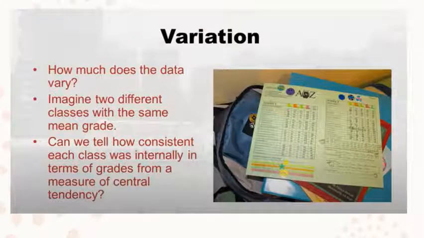Okay, let's keep going. In this lesson for this week, we're going to learn a lot about variation. So what is variation anyways? Variation is how much the data changes, or a change or difference in the condition or the amount or the level in the data.